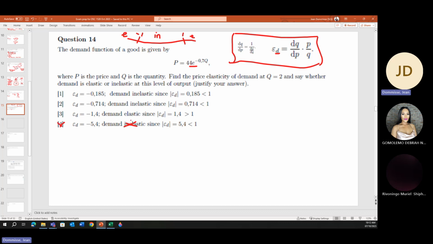That one I can automatically cancel out. Minus 1.4 is going to be elastic, so nothing there. In between minus 1 and 1 is inelastic.